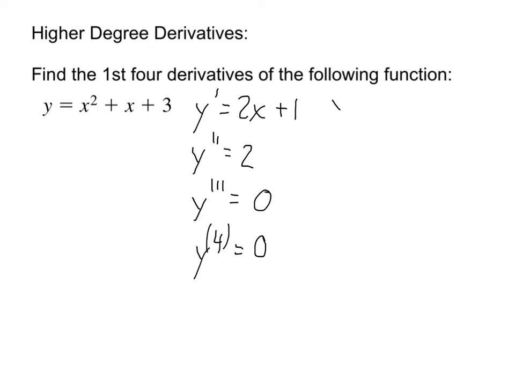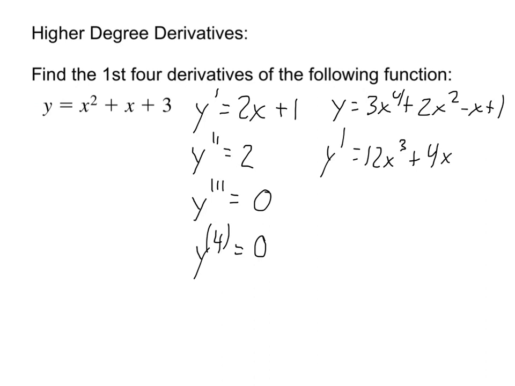So if we had y equals 3x to the fourth plus 2x squared minus x plus 1, I would say y prime equals 4 times 3 is 12, bring the power down by 1, so that's 3, plus 2 times 2 is 4, bring the power down by 1, negative x just turns into a negative 1, that constant's 0, so there's the first derivative.